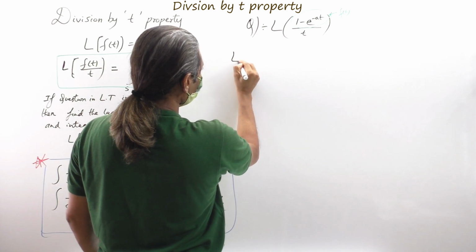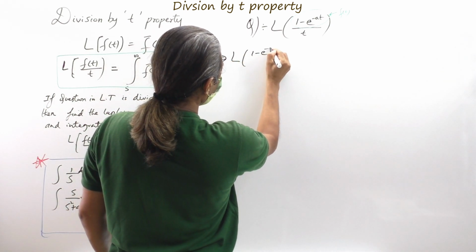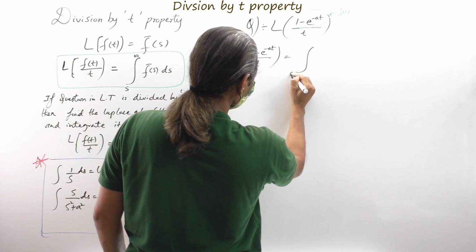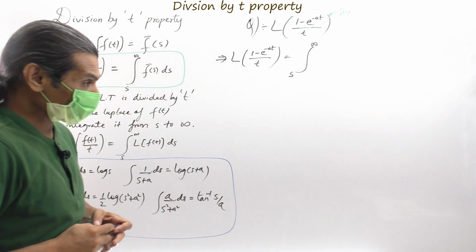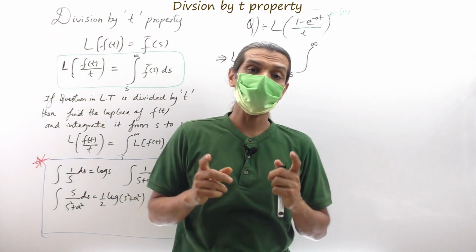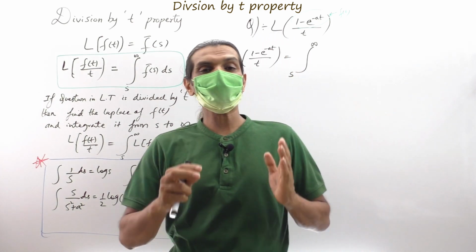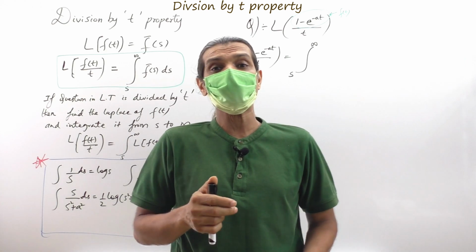So, we write it here now, Laplace of 1 minus e raised to minus a t divided by t is equal to integration from s to infinity. Remember this always, s to infinity. If you see video number 1, I discussed the basic formula for Laplace. It says Laplace of f of t is equal to 0 to infinity e raised to minus s t f of t dt.